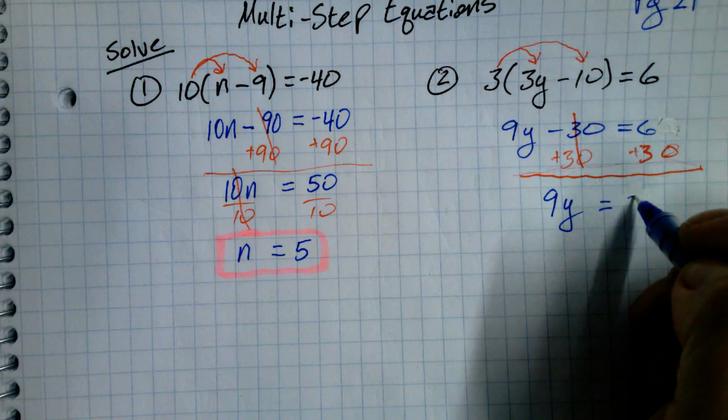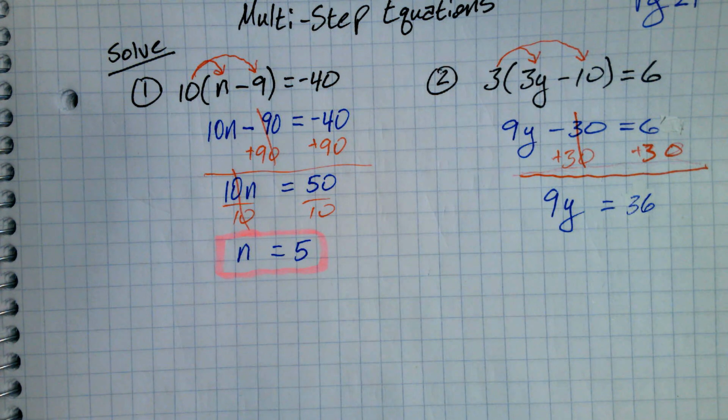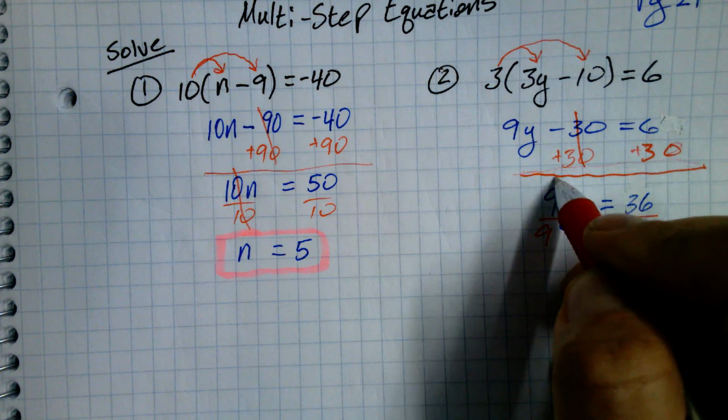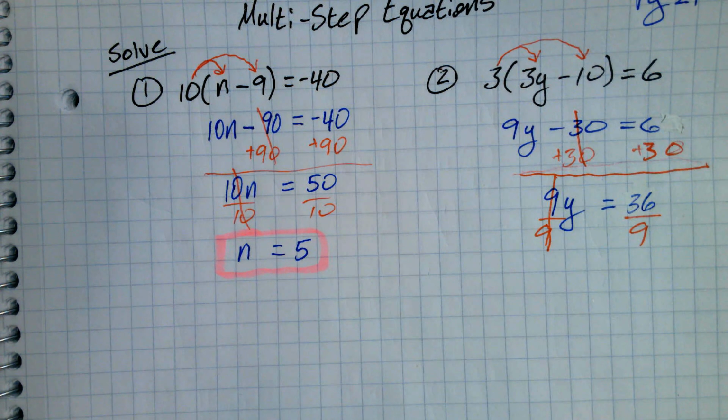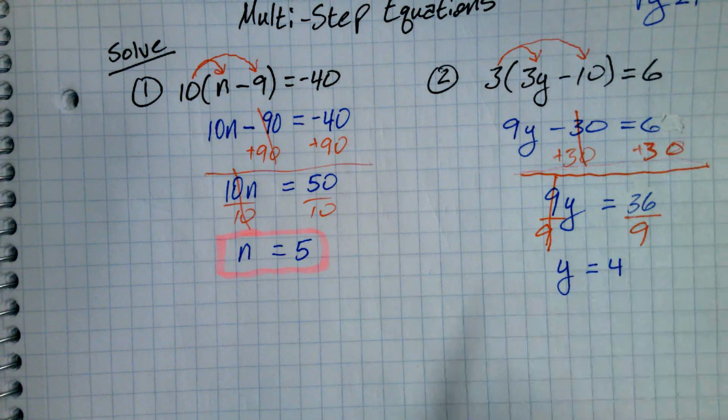That's 36 now. I mean, it would have worked, but it would have been the wrong answer. Okay. And let's get rid of that 9. We get y equals 4.